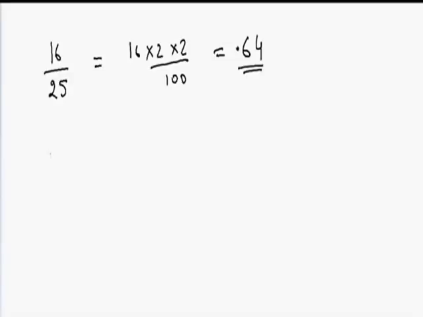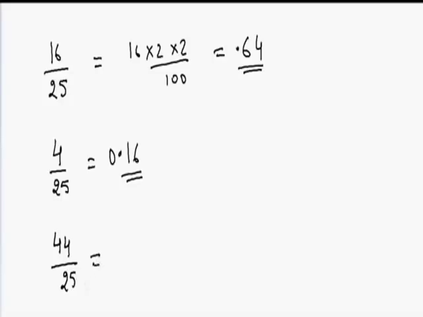Again, if I have 4 divided by 25, that will be equal to 4 into 2 is 8, and double of 8 is 16, so 0.16. Another example is if I have 44 to divide by 25.